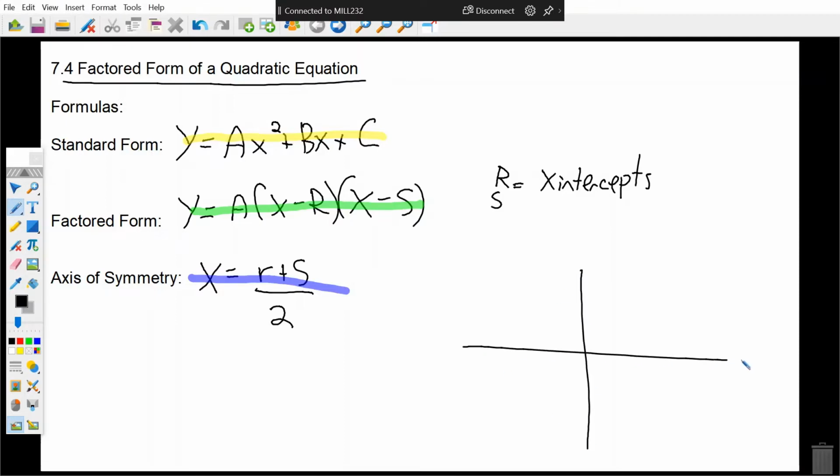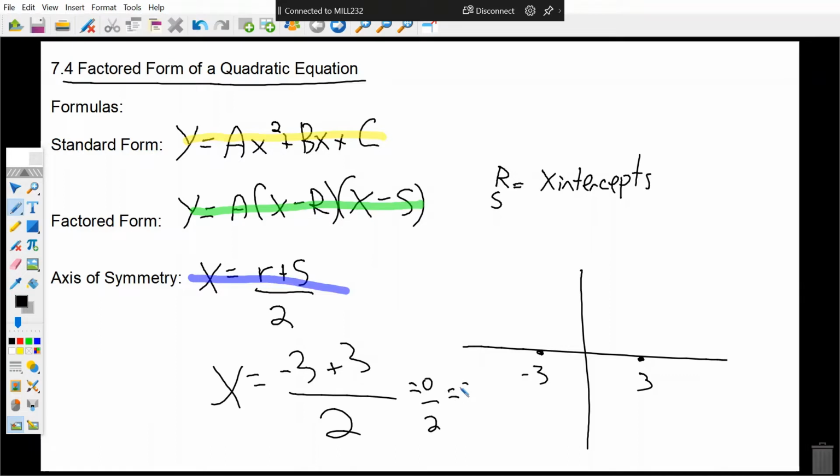So as a quick recap, if you have an intercept at -3 and the other x-intercept is at 3, to find the axis of symmetry, which is the line that cuts it into two equal halves, you would go x equals r, -3, plus s, 3, divided by 2. -3 plus 3 is 0. 0 divided by 2 is 0. So here the axis of symmetry would be at 0.